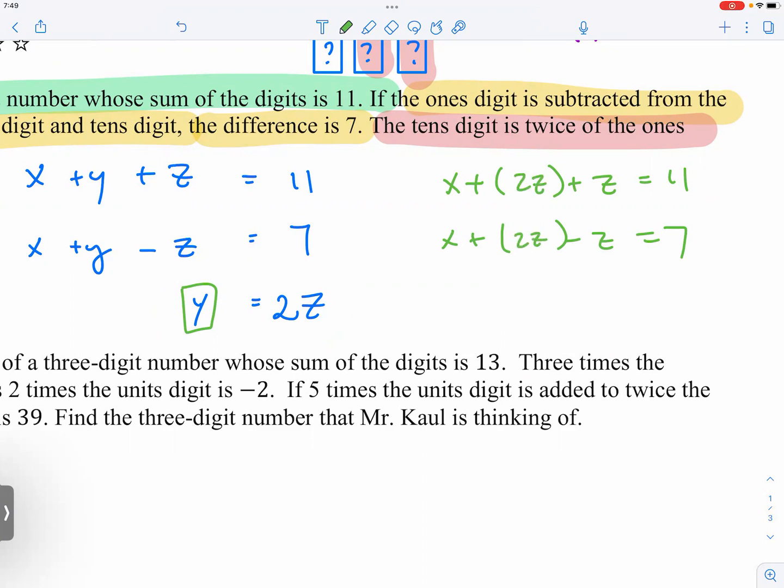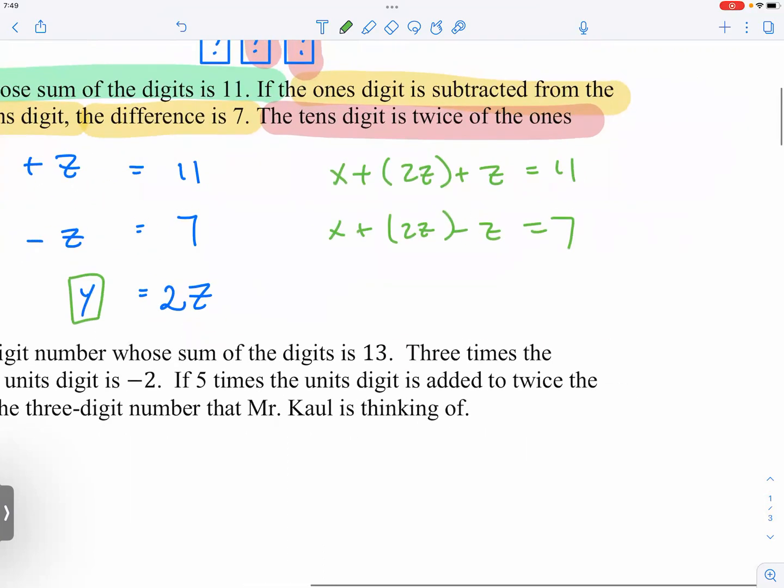That's called substitution. Because they're equal, you have the power to substitute. And now we have x plus 3z is equal to 11, and then x plus z is equal to 7.